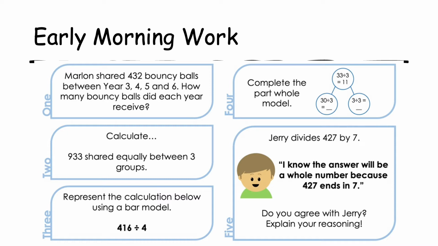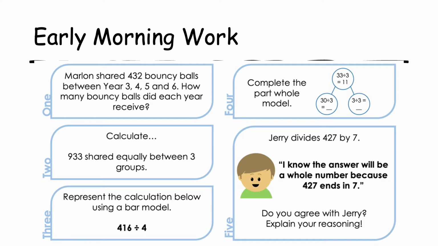Number 2. Calculate 933 shared equally between 3 groups. Number 3. Represent the calculation below using a bar model. So you need to draw the bars. Number 4. Complete the part whole model.